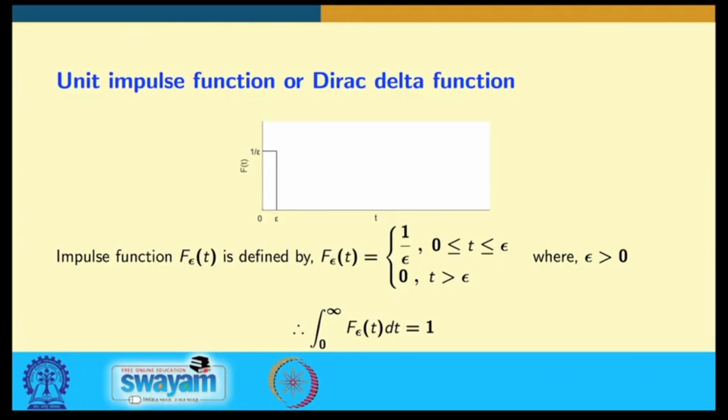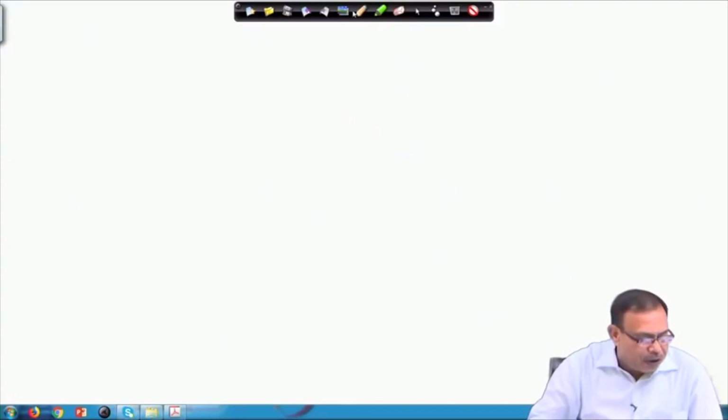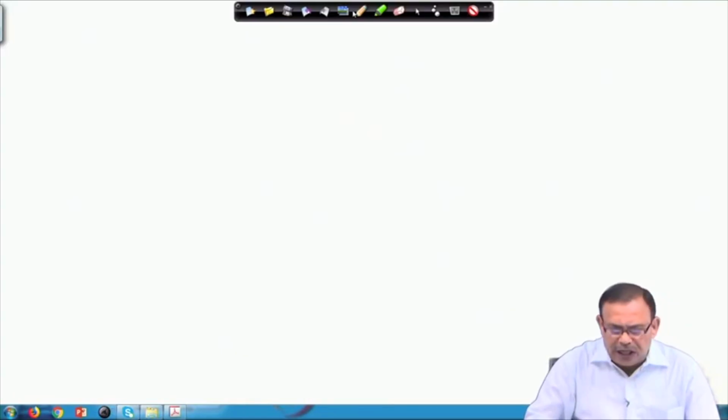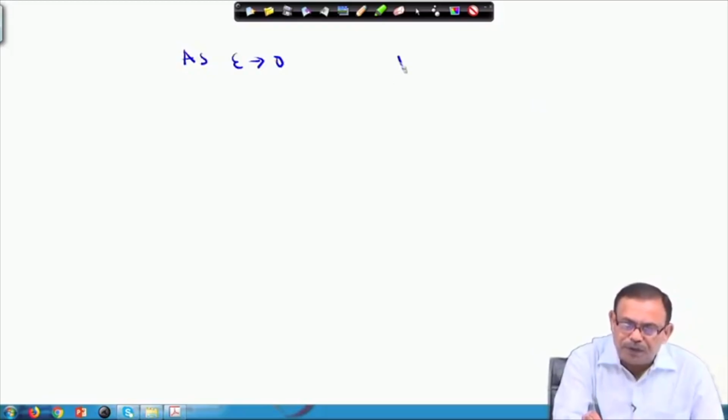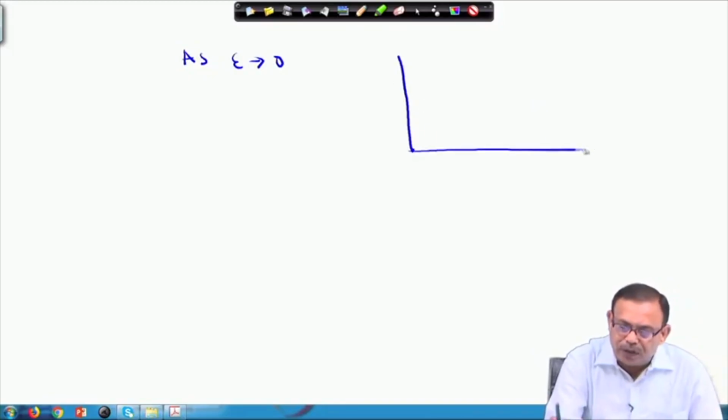You see this area from 0 to epsilon: t is varying over a very small range, that is, epsilon is a very small quantity, and the function is going up to 1 by epsilon. Now, what happens? Basically, we say that a very large force is acting for a very short period. In this case, whenever epsilon approaches 0, if you see the figure, it is something like this.